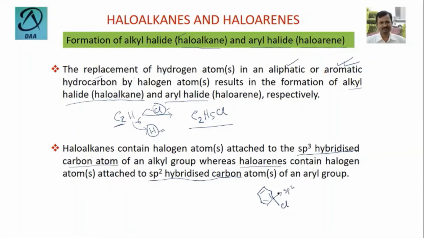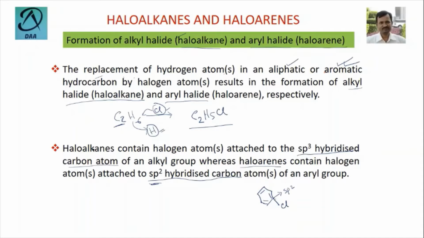So here the halogen atom is attached to this sp2 hybridized carbon, because you see that one double bond is also there. If a double bond is there, that means sp2 hybridized.